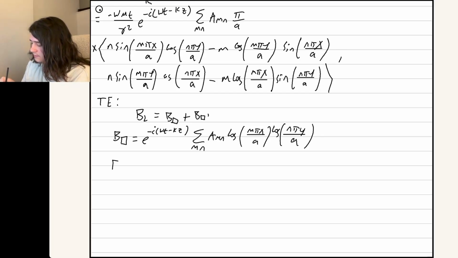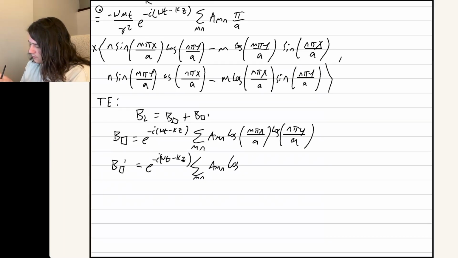And then when you make your symmetry transformation, that is going to be just cosine m pi y over a, cosine n pi x over a.